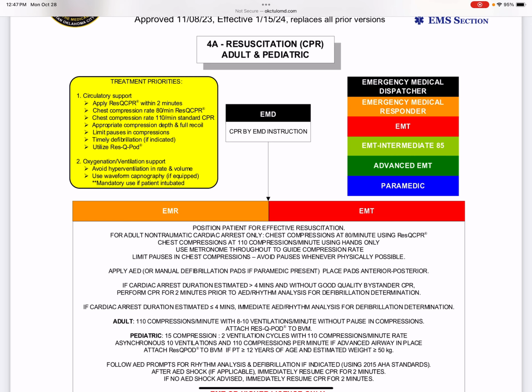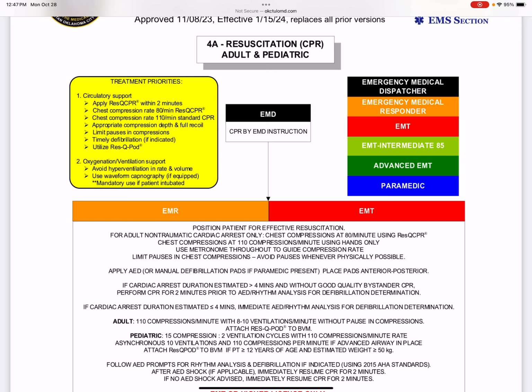Standard would be either before you get that rescue CPR on, or for whatever reason you're not able to use the rescue CPR. That first little bullet point I did not say out loud: apply the rescue CPR within 2 minutes. So just be sure that you do that. Again, 80 per minute for rescue CPR, 110 for standard.